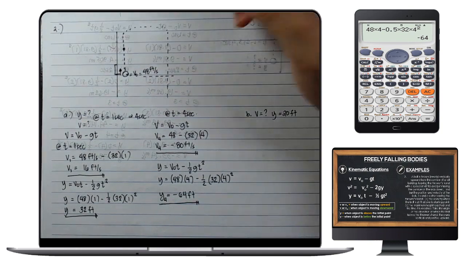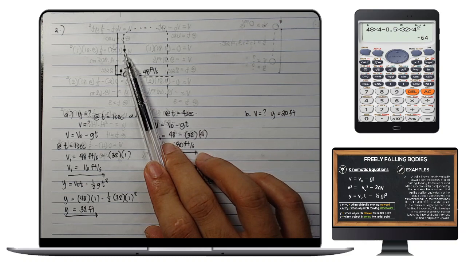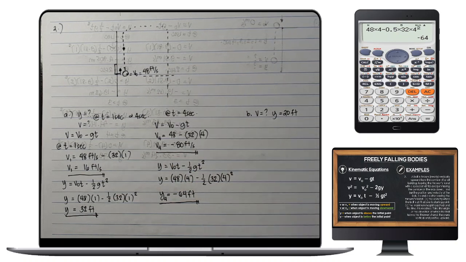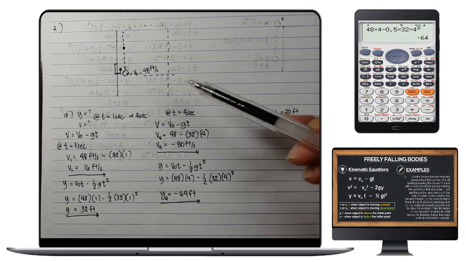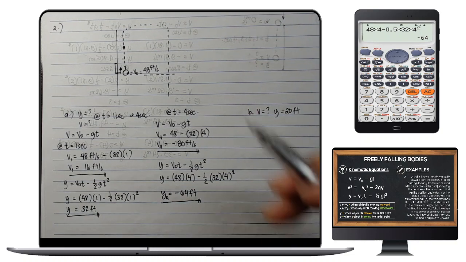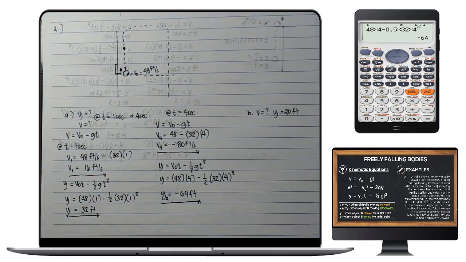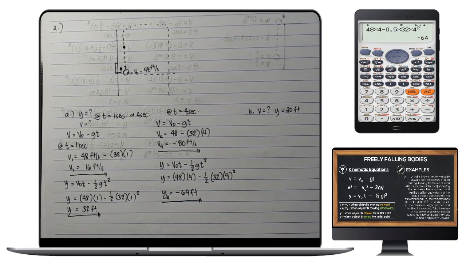Okay, so when we consider this first point, so when y is equal to 20 feet, pag sinubstitute lang natin yan dyan sa ating given, so makukuha naman agad natin. So when y is 20 feet, it can occur twice. So dalawang beses siyang pwedeng mag-occur sa ating problem.